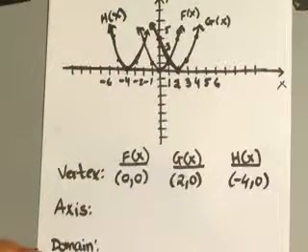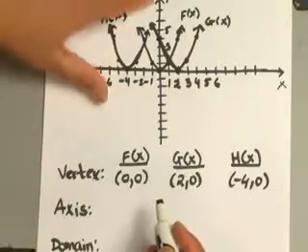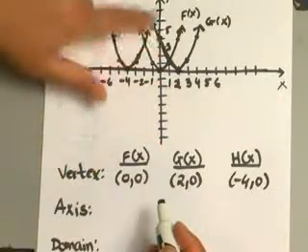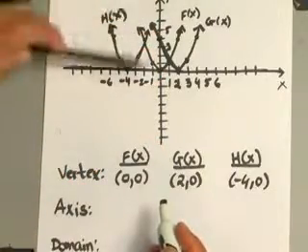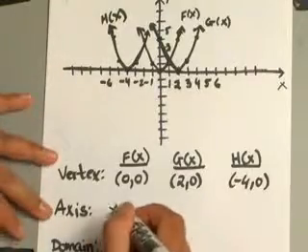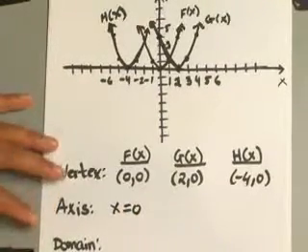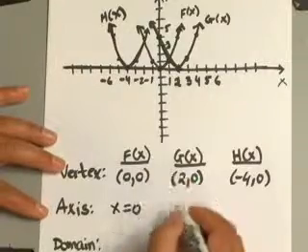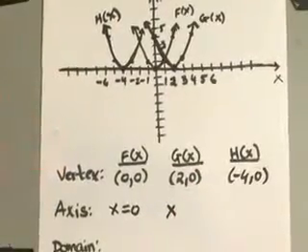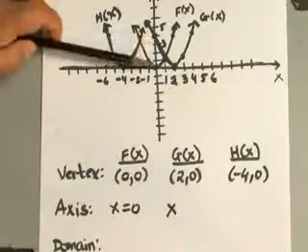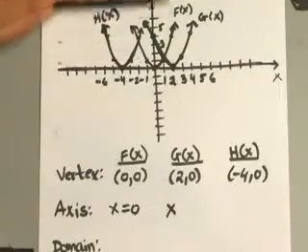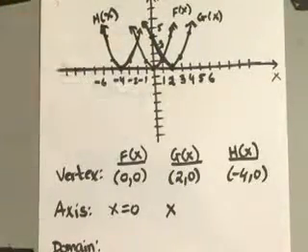Now, as I was telling you, your axis also has changed. Again, remember, the axis is the vertical line that passes through the vertex of your parabola. For our first f of x function, the axis is the same thing as your y-axis. The equation of the y-axis, of course, is x equals 0. For the g of x function, since you moved 2 units to the right, the axis also moves 2 units to the right, and that will be the vertical line that goes through the vertex.